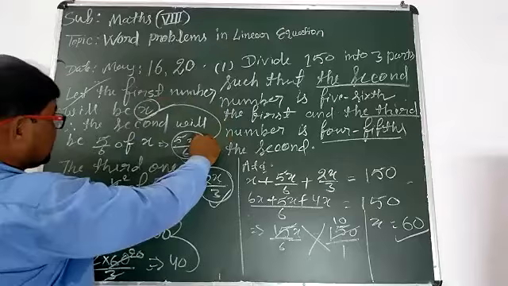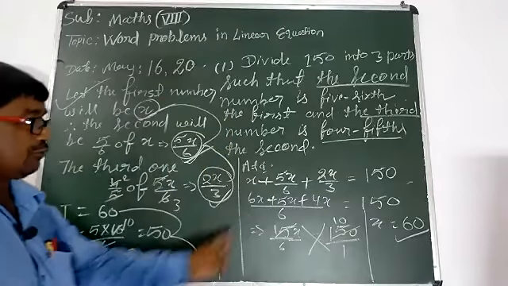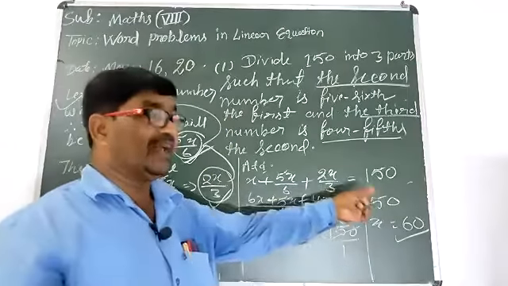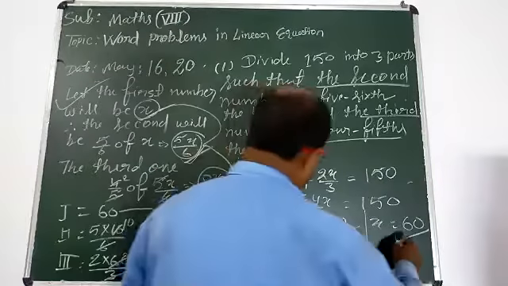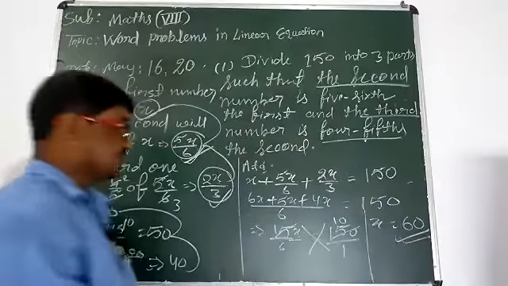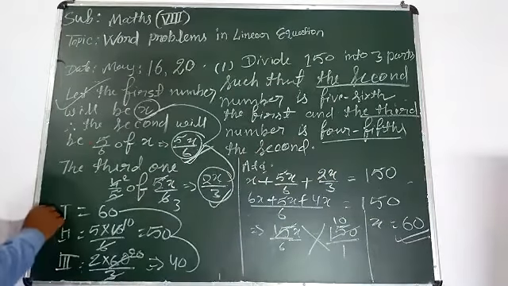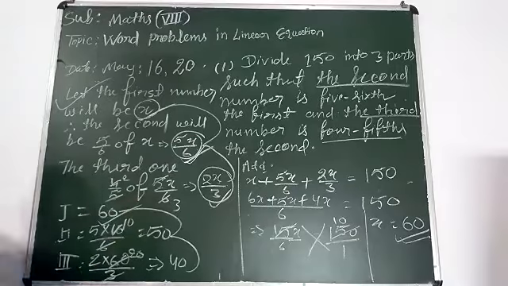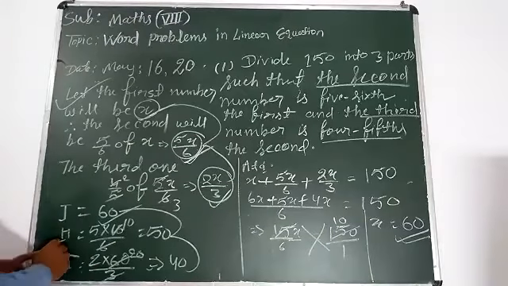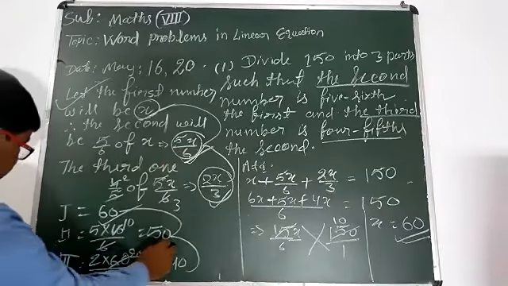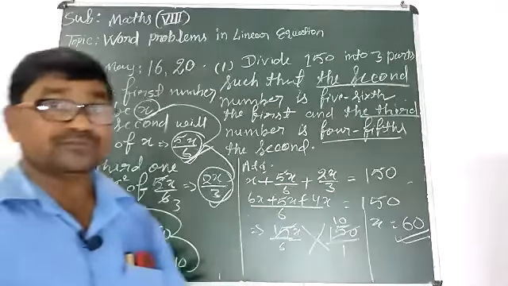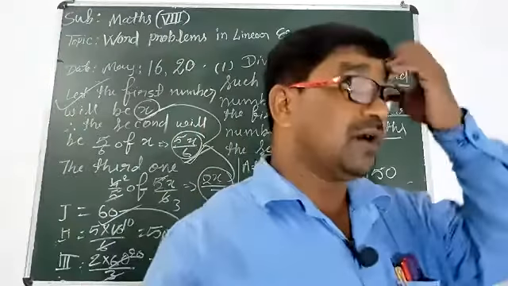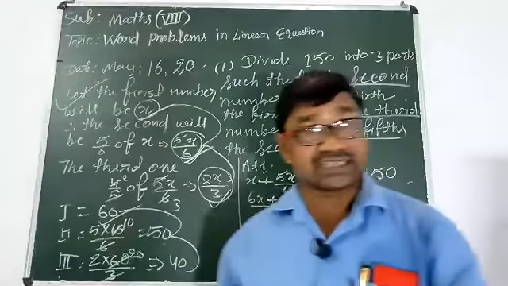So the sum of these three numbers equals 150. After simplification, we have got x equal to 60. Since x is the first number, the first number is 60, the second number according to this concept is 50, and the third number is 40. This is the division of the number according to the condition.